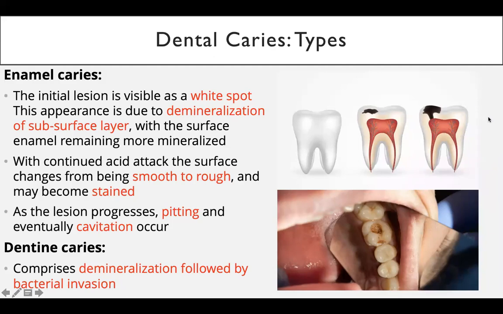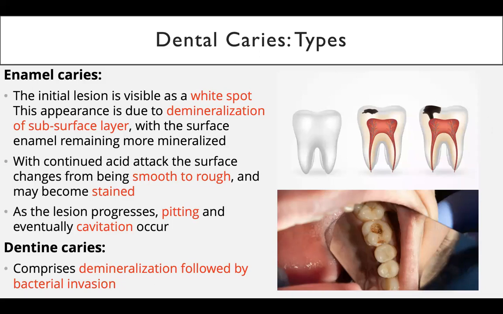Roll number 38, Miraj Abid. Are you here? Can you tell me something about enamel caries? Sir, it is the initial lesion, a white spot due to demineralization of the subsurface layer.